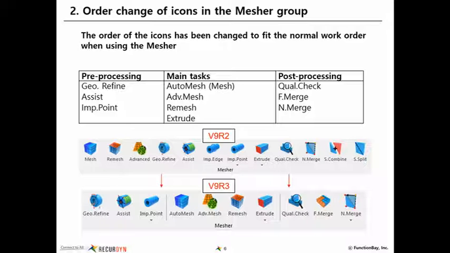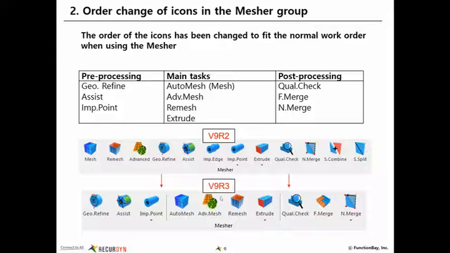You first refine the geometry. The assist is included if you have things like joints or contact on your body that you're trying to preserve as you're going through your mesh. You'll use this assist function. Imprint points and lines and patch sets, we'll talk about that a little bit later.